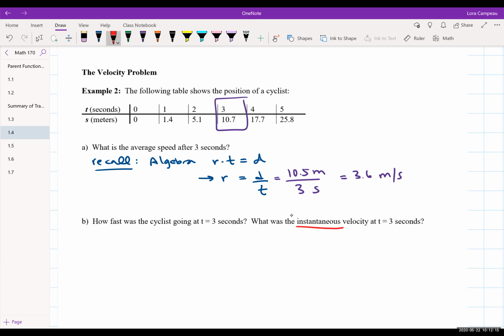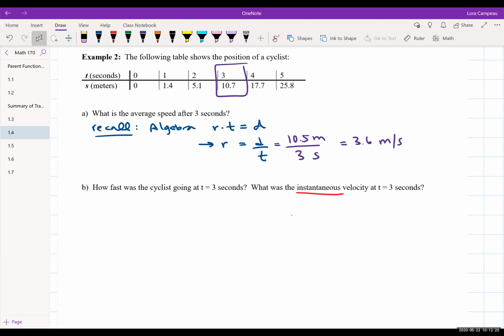So what we want to look at is what's actually happening exactly at time equals 3 seconds. So they want to talk about the instantaneous velocity. And here, algebra is not answering this question.